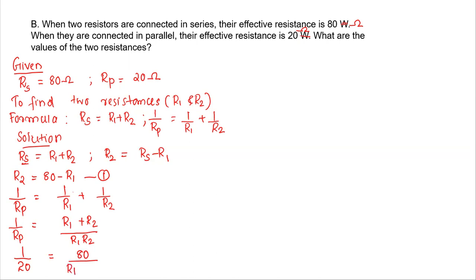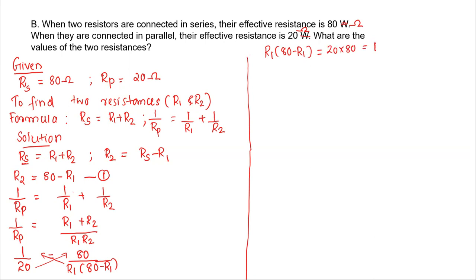R1, and what is R2? From equation number 1, R2 is 80 minus R1. Now we have to open the bracket. First cross multiply and then open the bracket. This will go here and 20 will go here. On cross multiply, we will get R1 into 80 minus R1 is equal to 20 into 80.